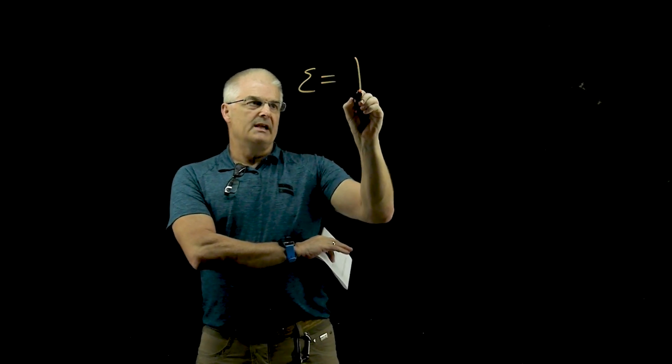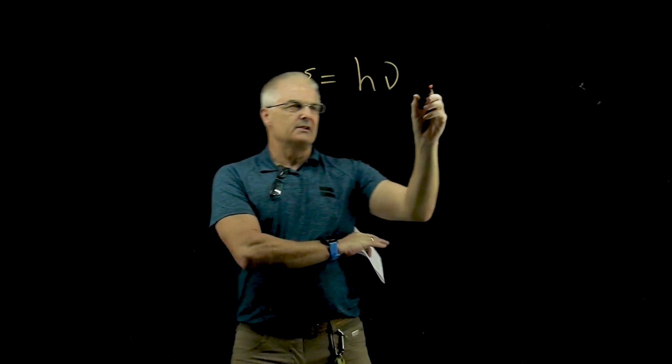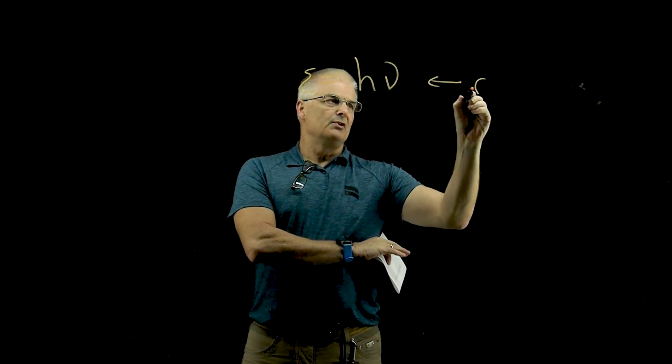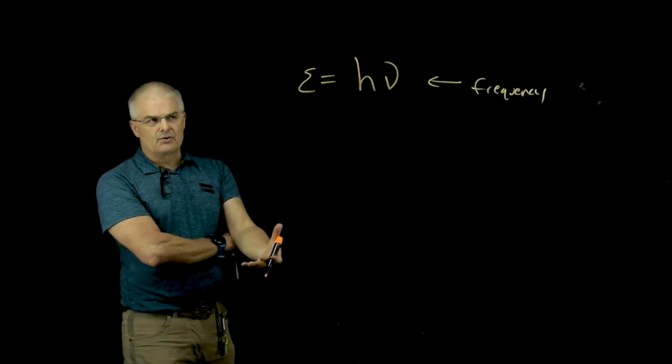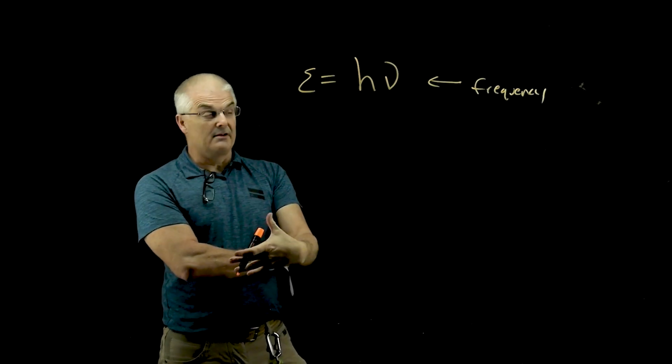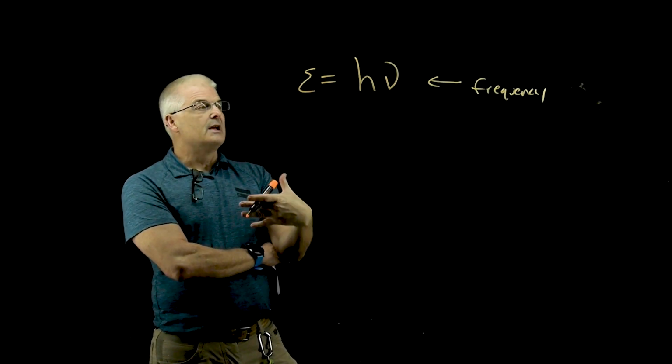Another famous equation, called the Planck equation, is E equals h times a funny looking v. This is actually the symbol for something called frequency. Now, when you listen to the radio or your cell phone, it uses a frequency of microwave radiation.